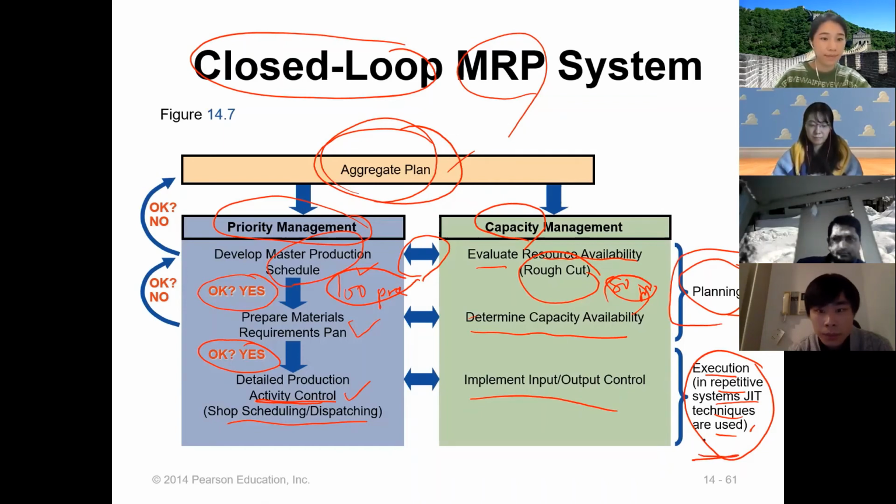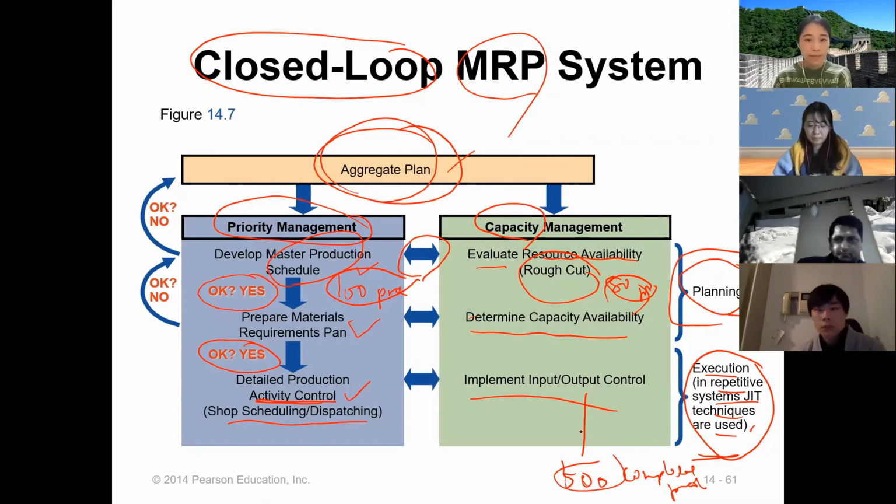In real life production, if you don't meet the production day's output, for example, today our plan is 500 completed products, but because of many reasons, like plant maintenance problems or parts delivery problems, you only meet 480.